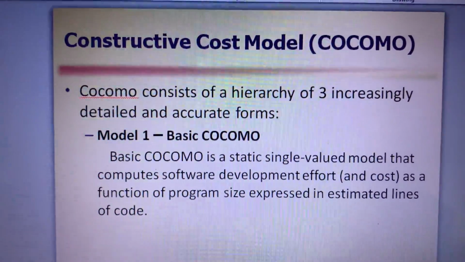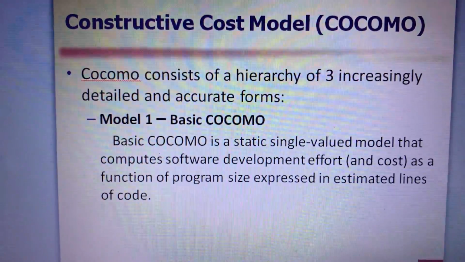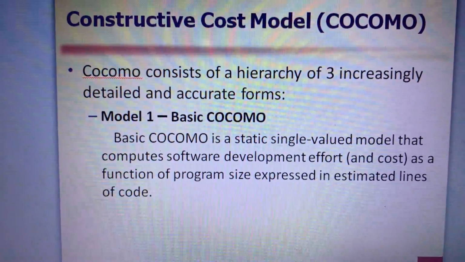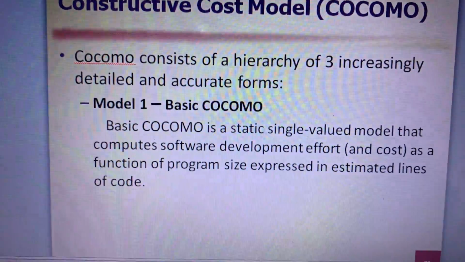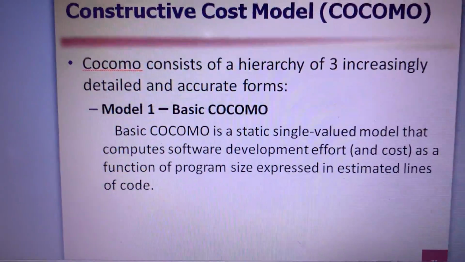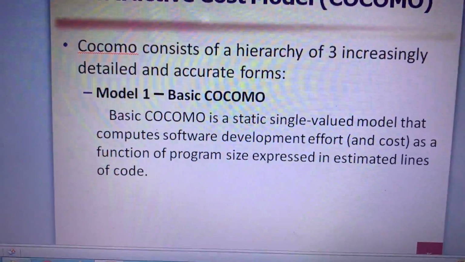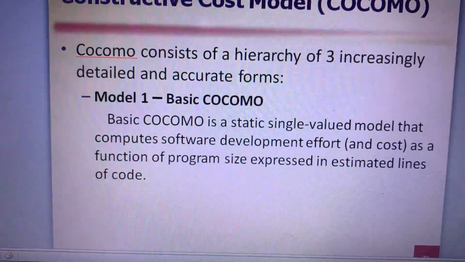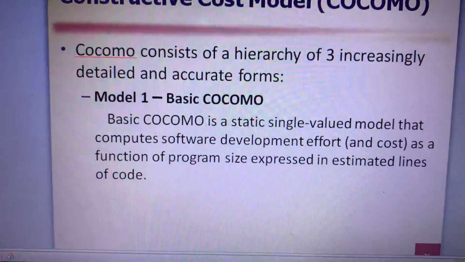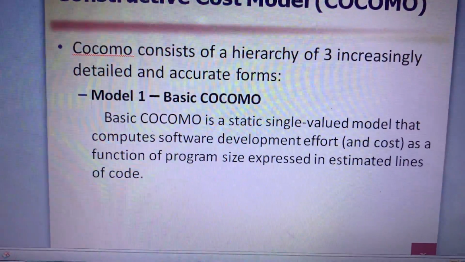Basic COCOMO is applied at the planning phase, intermediate COCOMO we apply during the analysis and design phases, and detailed COCOMO we apply during the implementation phases to keep track of our project.